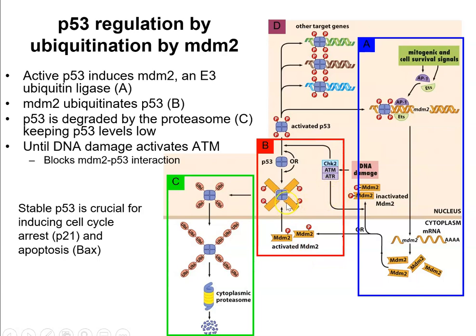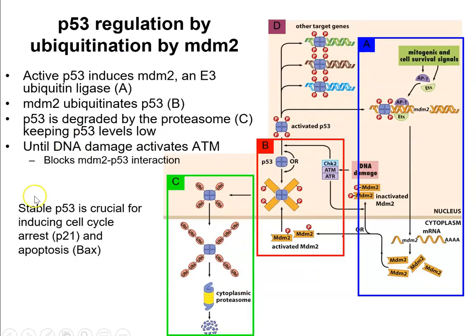If p53 interacts with MDM2, it becomes polyubiquitinated and degraded by the cytoplasmic proteasome. If p53 levels rise because p53 is not being degraded, it then goes on to result in the expression of its target genes, things like BAX, p21 for cell cycle arrest, and the induction of generalized DNA repair enzymes.